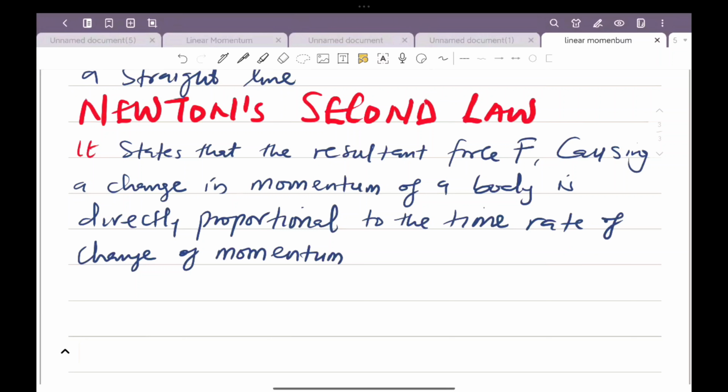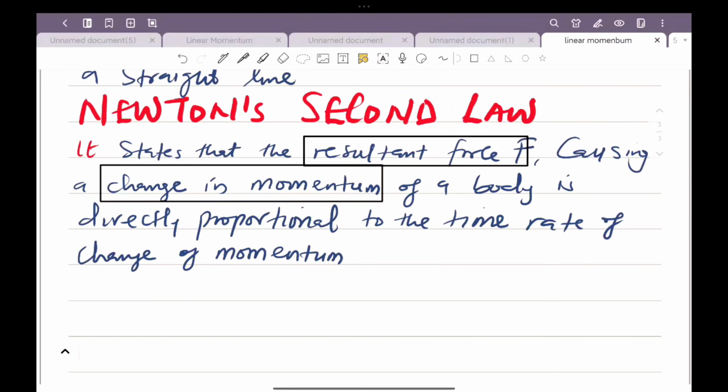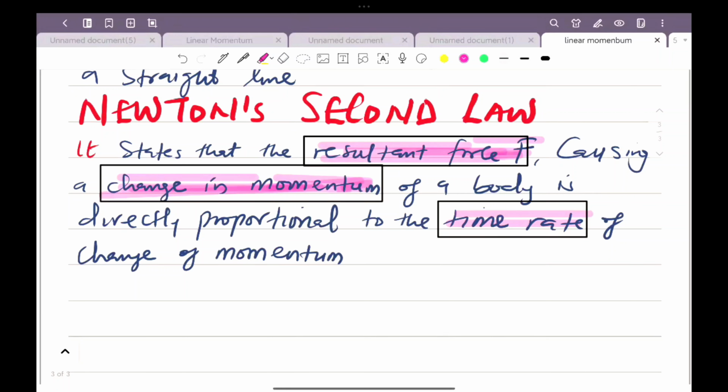Are you here? So in this derivation we have three components: the resultant force, the change in momentum, and the time rate. So when you are referring to Newton's second law, these three things have to come into consideration: the force applied, the change in momentum, and then the time rate at which it occurs.